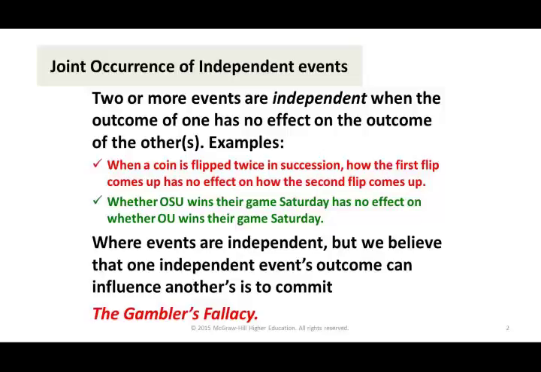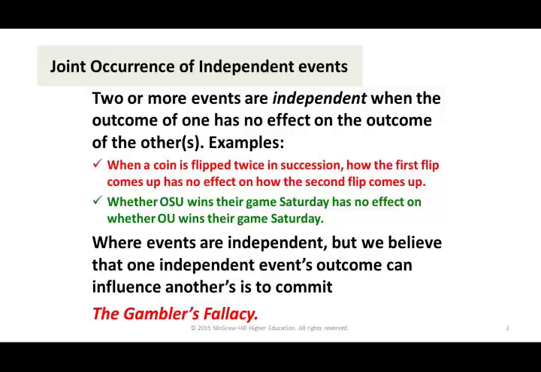So where events are independent, but one believes that one does affect the other, so where we think that whether or not OSU wins has some sort of impact on whether OU wins, or that a coin flip the first time has an impact on the coin flip the second time, or that the number we roll on the dice the first time impacts the odds that we'll get the same number or a different number on the second turn, we commit what's called the gambler's fallacy.